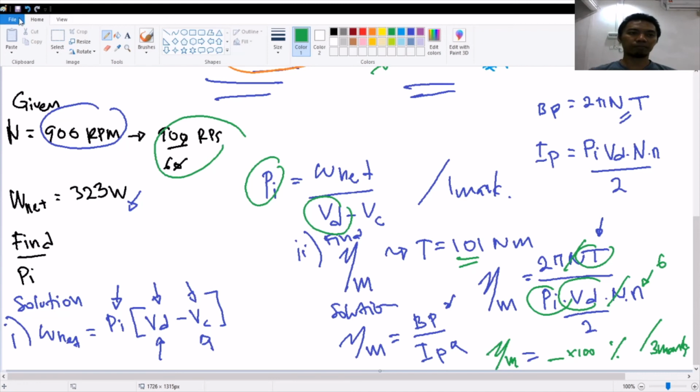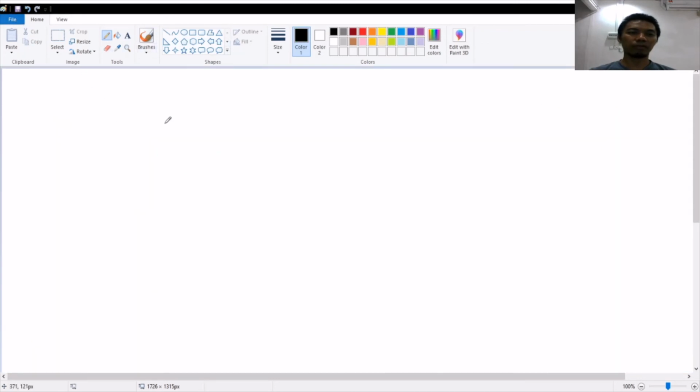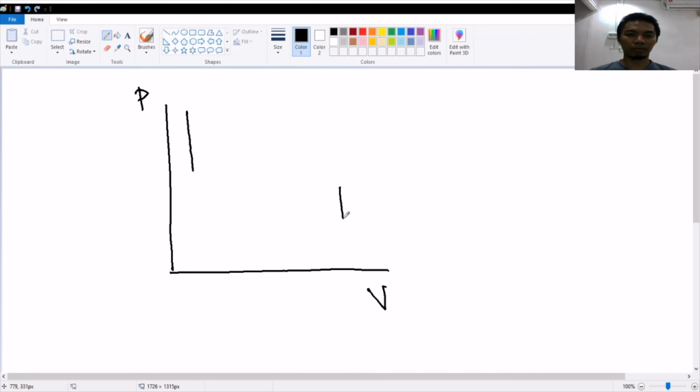If you sketch a 4-stroke engine, for example, the PV diagram will look like this. This is V. This is P. It will look like this. And describe this cycle 1, 2, 3, 4.